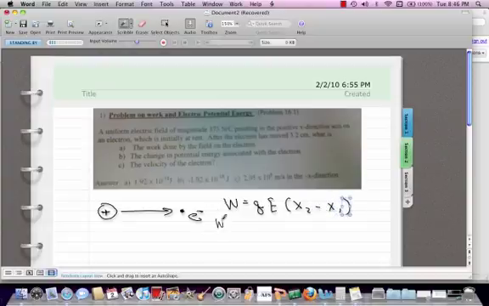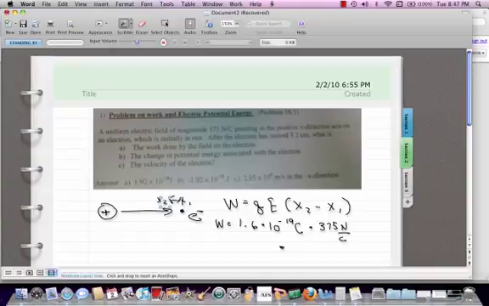And it's going to be X2 minus X1. Okay, so work equals Q times E times (X2 minus X1). Q for an electron is 1.6 times 10 to the minus 19 coulombs. My E is going to be 375 newtons per coulomb times, and if I think about X1 would be here, and when it moves this way, this is going to be X2.